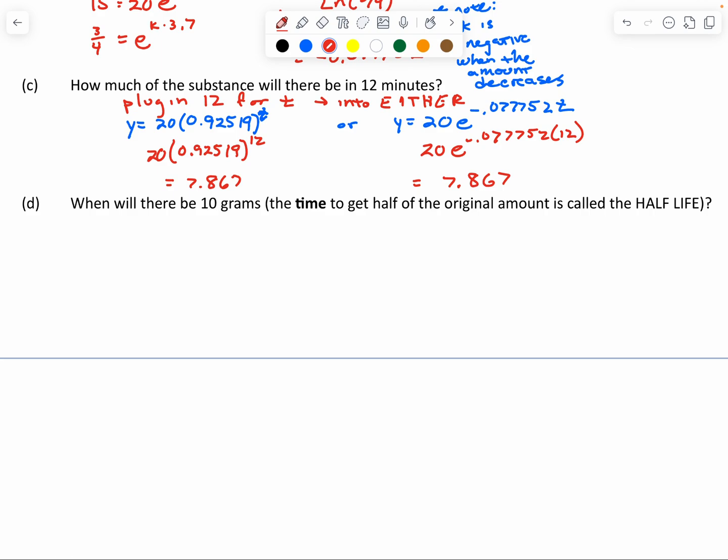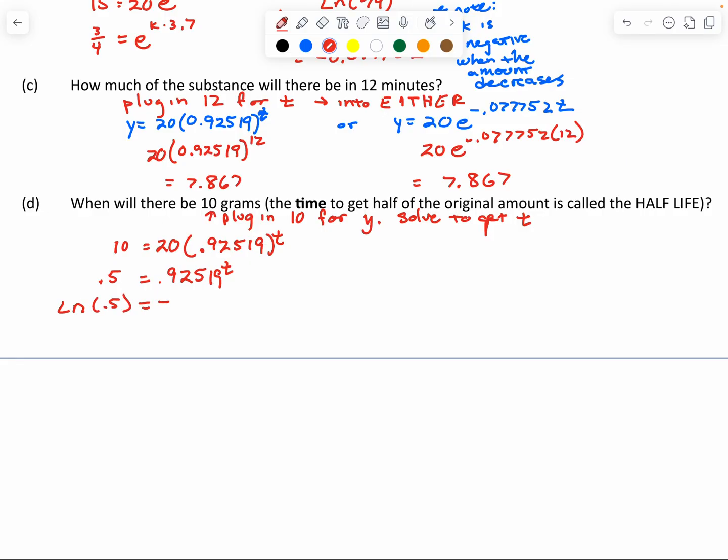Again, same thing. This time we plug in 10 for y. I'm going to take the ln on both sides because that's what I usually do. But you can do log base 0.92519 if you want.